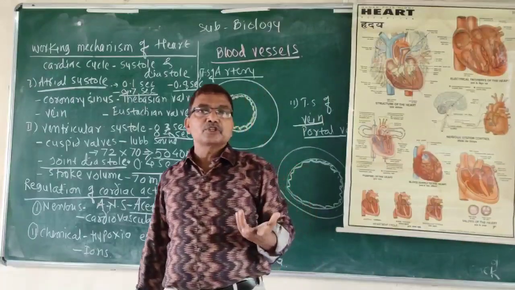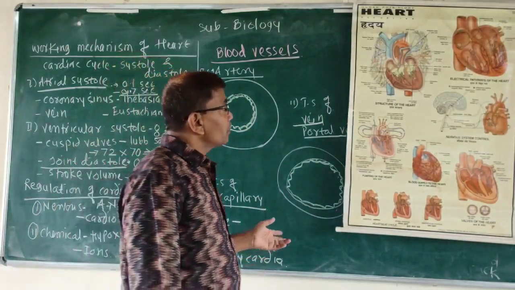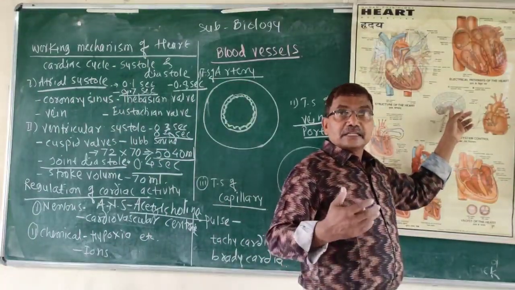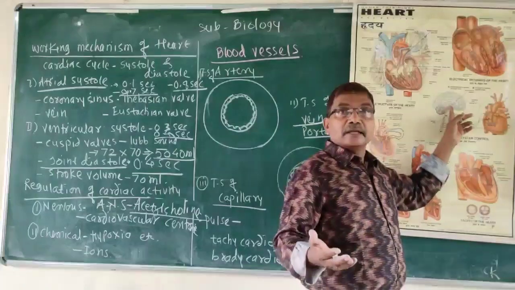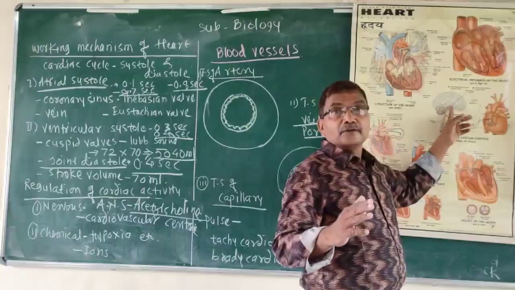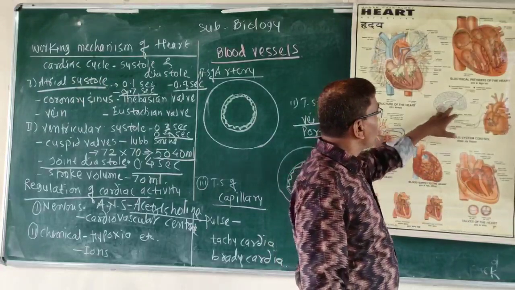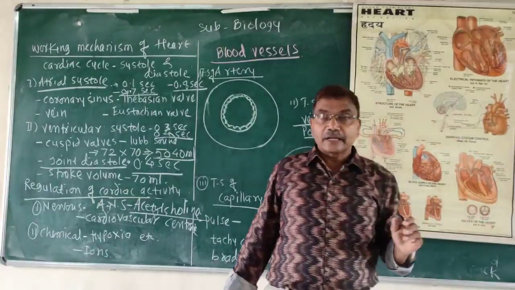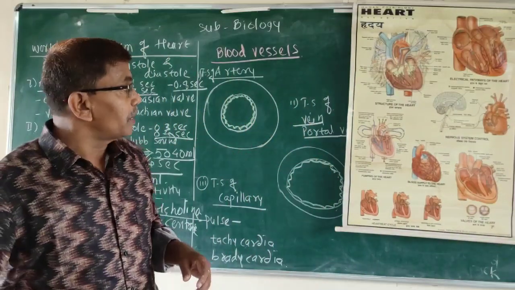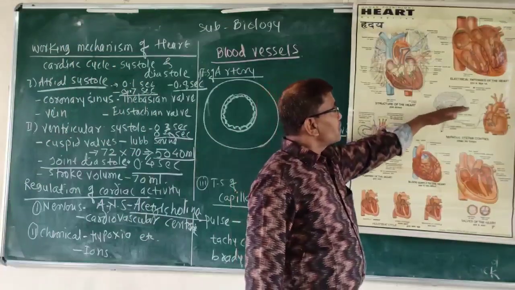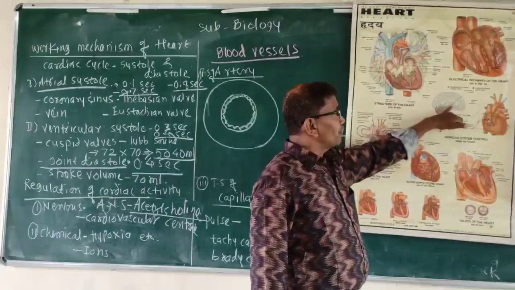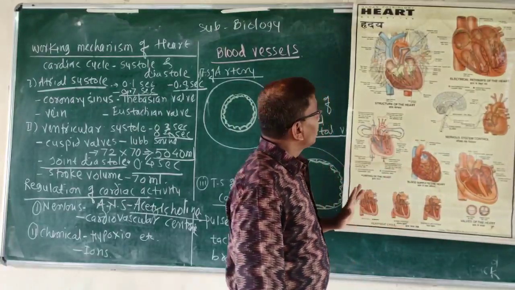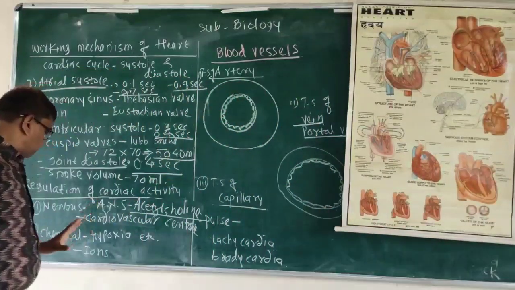There are also some conditions where different receptors receive stimuli from the surroundings and send them as impulses to the respective centers. Those are present in the hypothalamus, which means the hypothalamus center is also related to these cardiac activities.